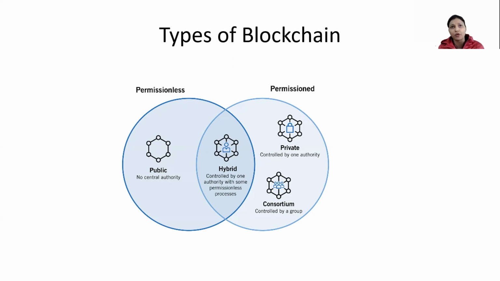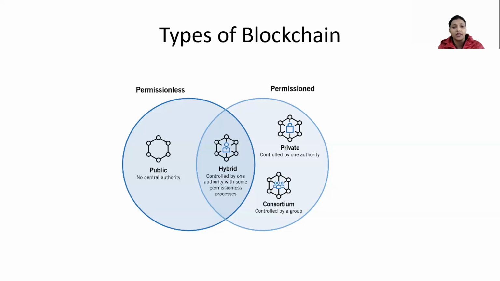Permissioned blockchains are blockchains which have some restrictions, which are private, and a person who wants to participate in that blockchain network needs some permission. Permissioned blockchains are also of different types. The first type is the private blockchain. A private blockchain is controlled by one authority, in comparison with the permissionless blockchain, where a person who wants to become a node does not need any permission.